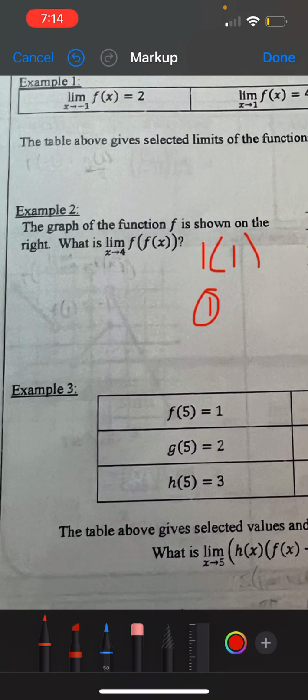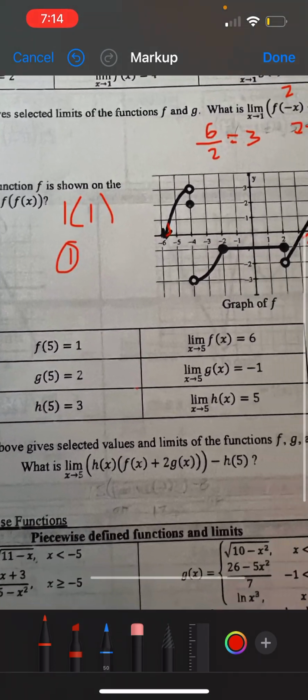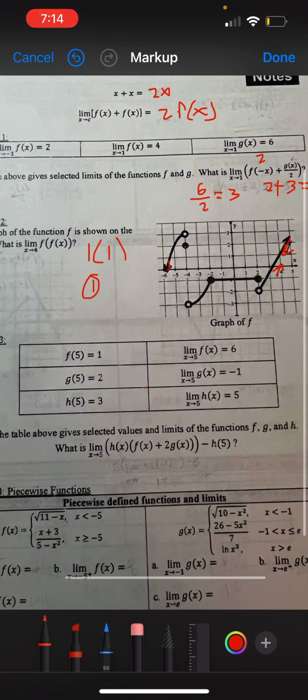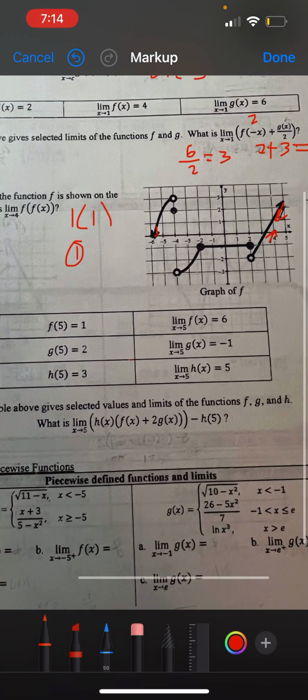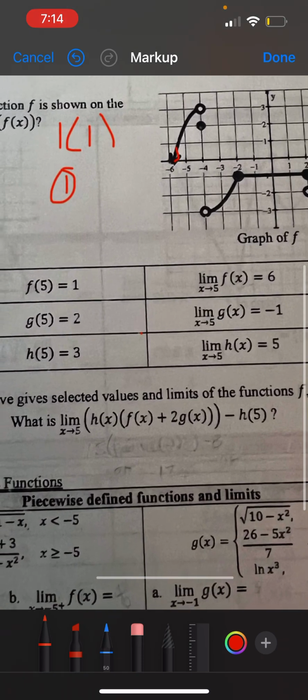So it's just 1 is the answer, right? And then next we have this. What is the limit as x approaches 5 of h of x times f of x plus 2g of x minus h of 5? So from here we just plug in the values from what we have here, right?